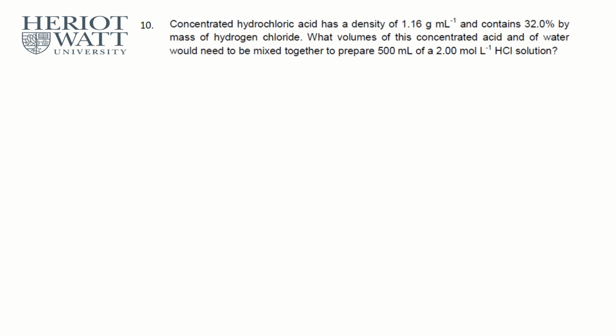Okay, number 10. Concentrated hydrochloric acid has a density of 1.16 gram per milliliter. Okay, 1.16 gram per ml. All right, and it contains 32% by mass of hydrogen chloride, which means, guys, if I say concentrated hydrochloric acid, I have a majority of hydrochloric acid but a small percentage of water.